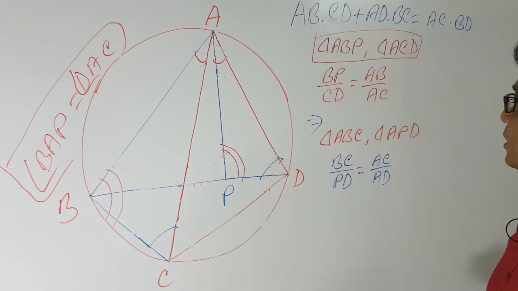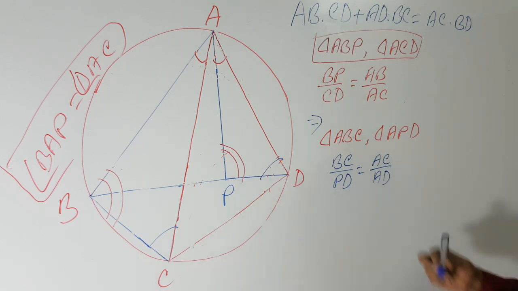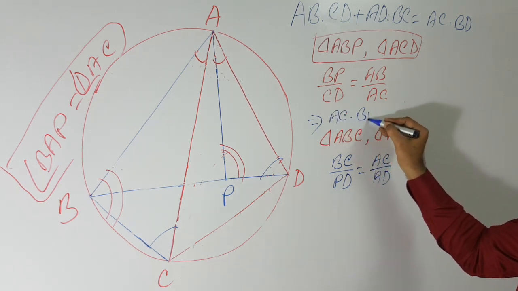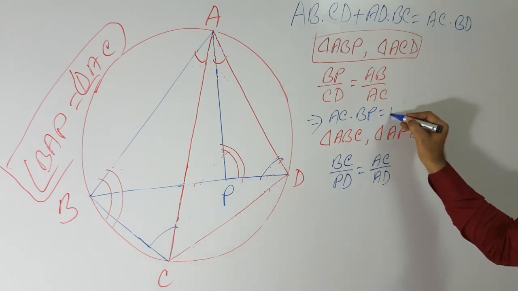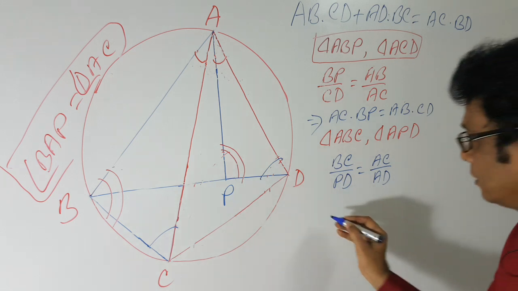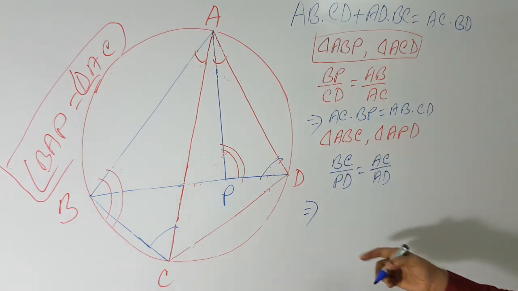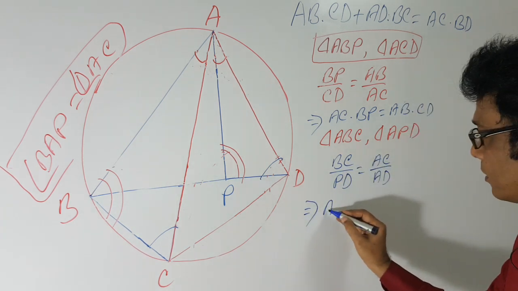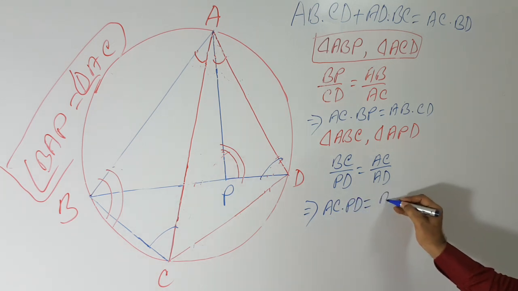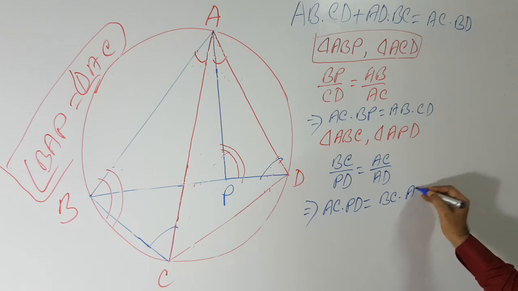By cross multiplication, AC into BP equals AB into CD. By cross multiplication, AC into PD equals BC into AD.